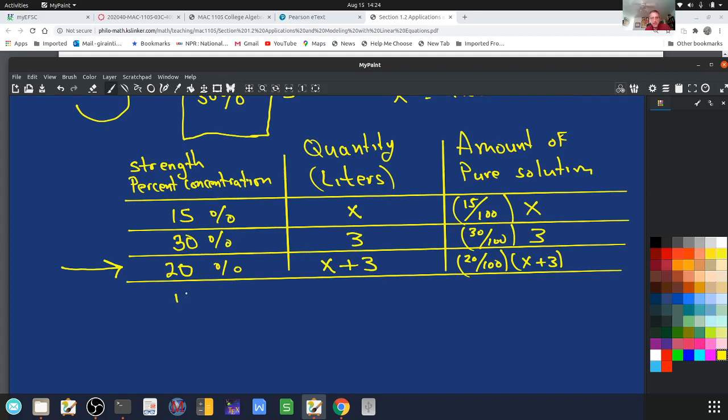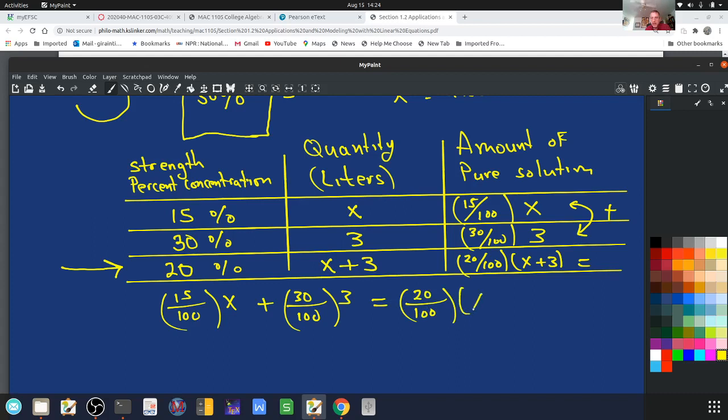So that's 15 over 100 times x plus 30 over 100 times 3. So I'm adding these two together, and that is going to be equal to 20 over 100 times x plus 3.